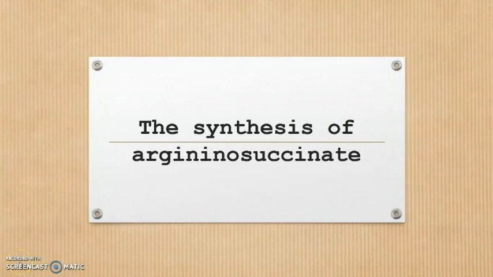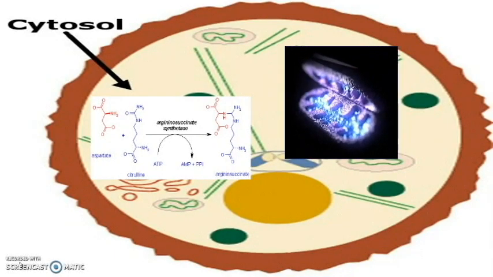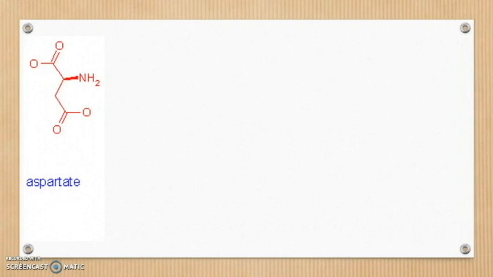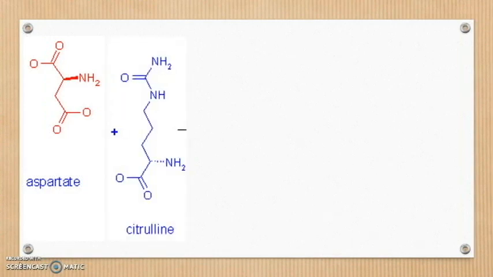The synthesis of argininosuccinate. This process occurs in the cytosol. The first amino group in urea came from ammonium. Meanwhile, the second amino group in urea came from aspartate. Aspartate combined with citrulline by the help of argininosuccinate synthetase.